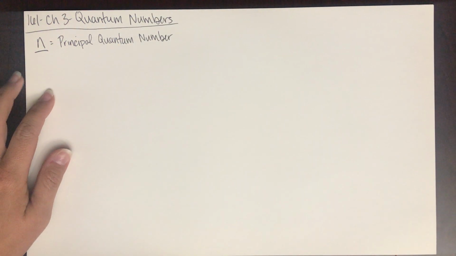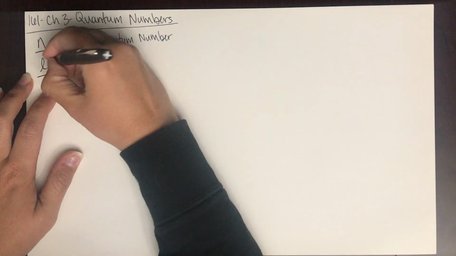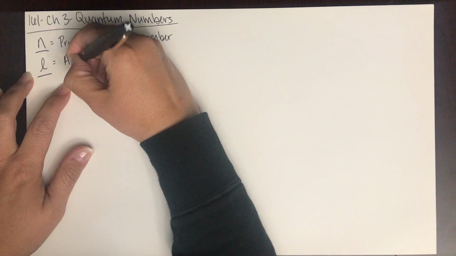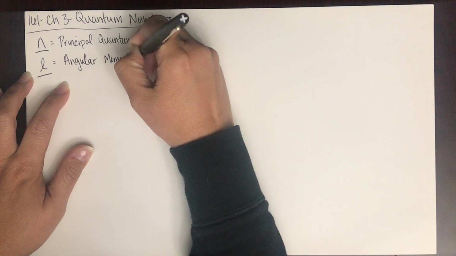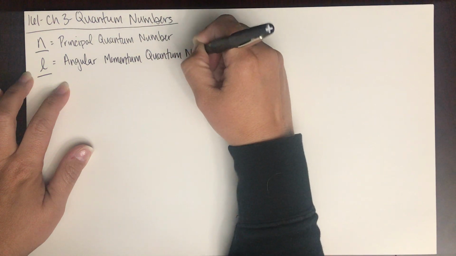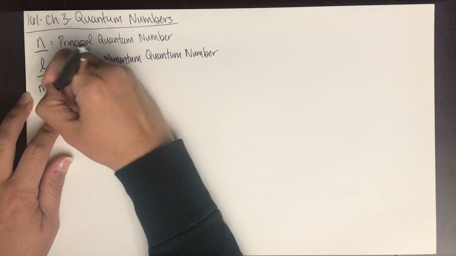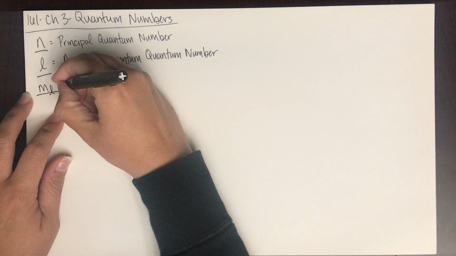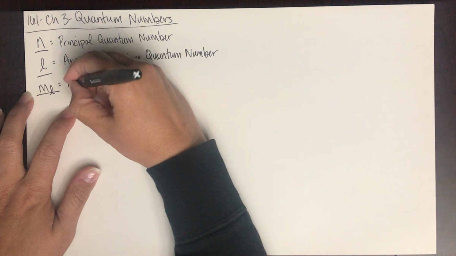The next quantum number is l, and it's usually drawn as this kind of cursive lowercase l. This is the angular momentum quantum number. The next quantum number is m sub l, so it's lowercase m and then a subscript cursive l. This is called the magnetic quantum number.